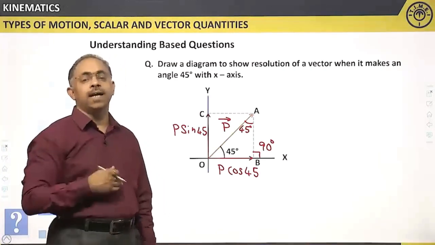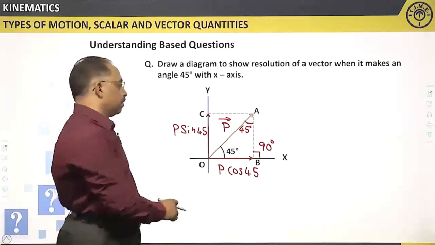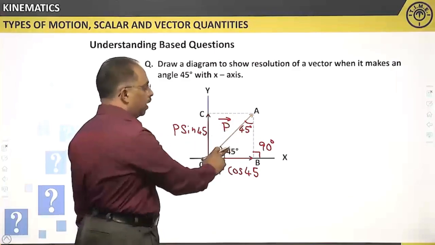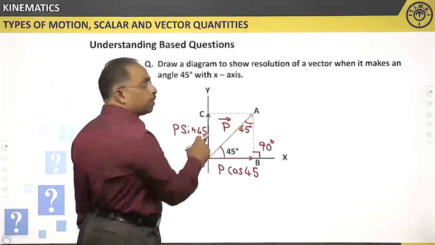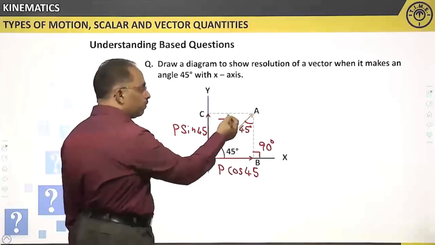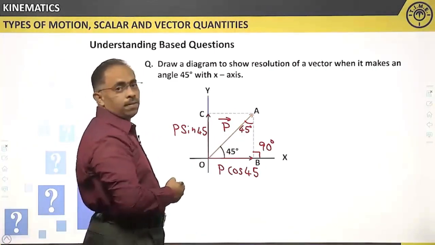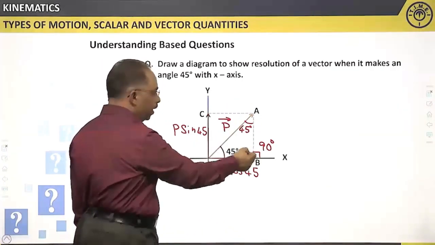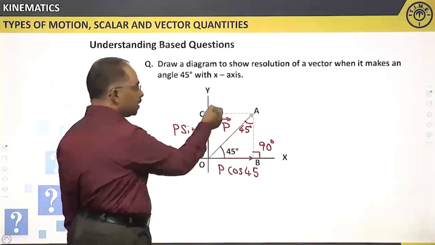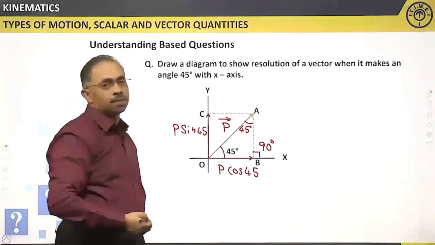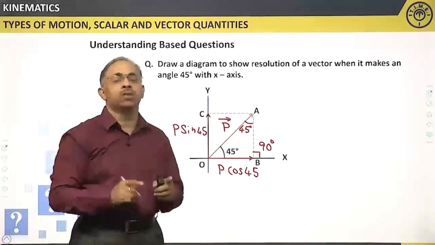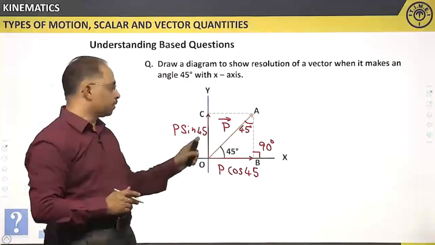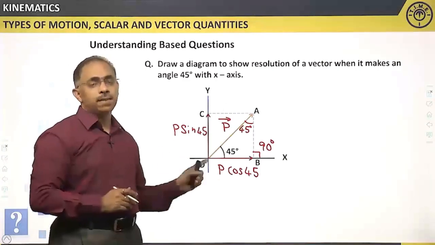In an isosceles right angled triangle, the sides opposite to the equal angles of a triangle are equal. That means AB and OB are equal. AB represents the vertical component, OB represents the horizontal component. So, these two components' magnitudes will be equal. This is how we will resolve the vector when it is making an angle 45 degrees with the horizontal.